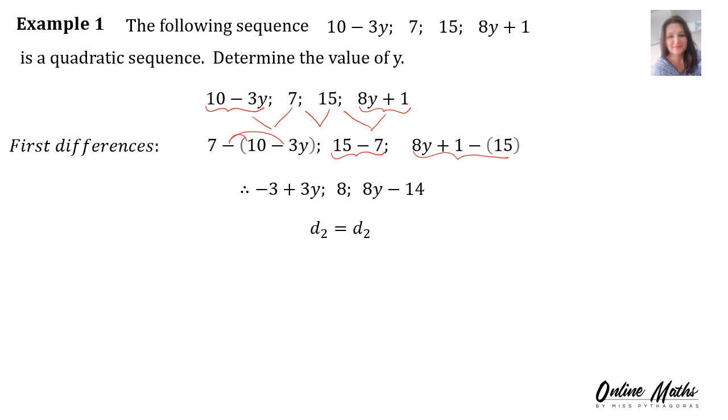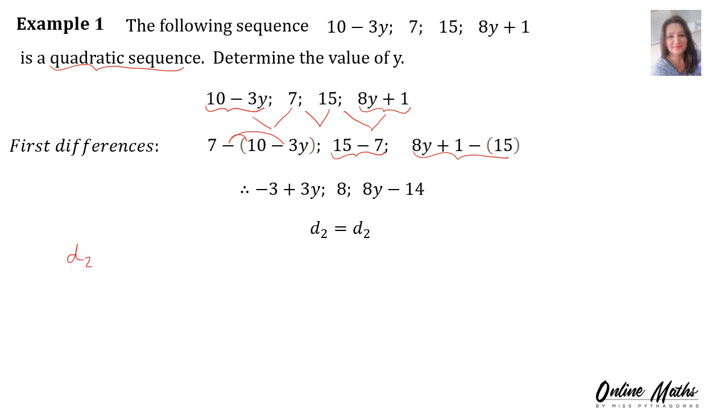Then you can say that the second difference d2 is equal to the second difference d2 because it was given that this is a quadratic sequence. Now I'm going to work out the second difference and equate them.